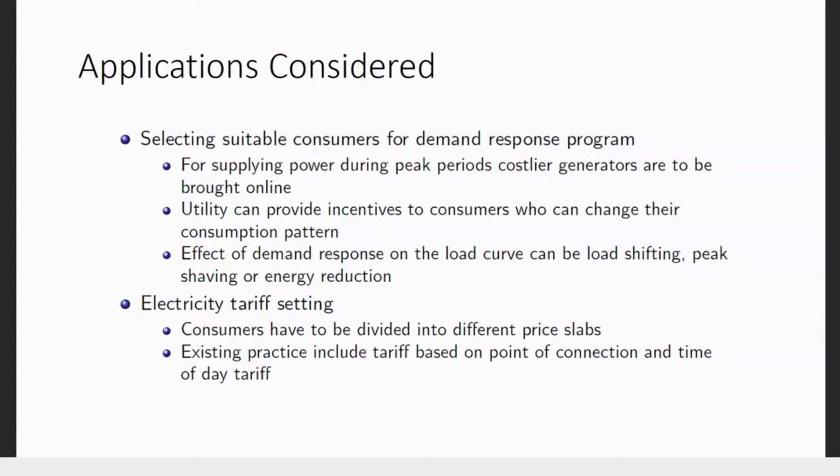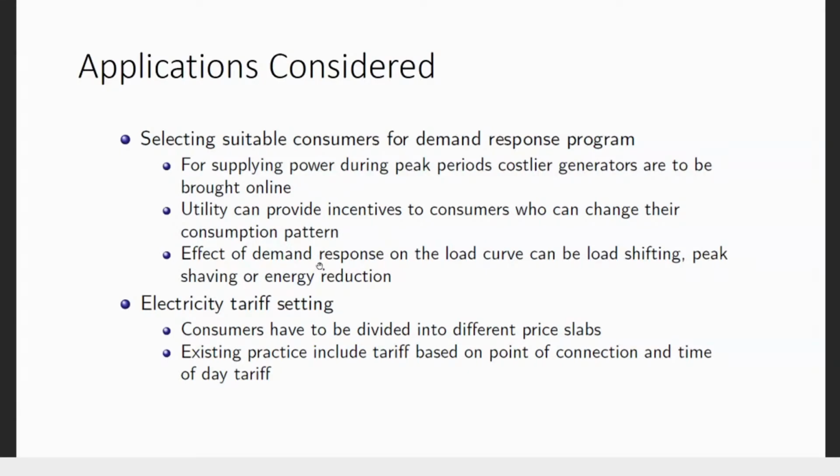And then the idea is that these consumers can be a part of this demand response program, and they can affect the demand response on the load curve, either by shifting their load to some other time where the peak is not there, so that we will eventually have a peak reduction, which is also called peak shaving or energy reduction.